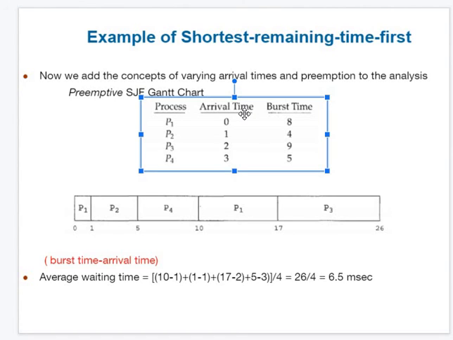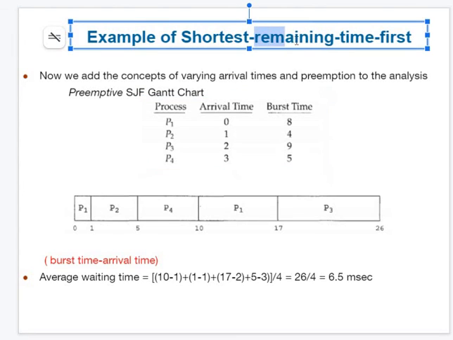If one process arrives, we have to pause the presently executing process and decide: should I continue the presently executing process or should I opt for another process, based upon, very important, their remaining time.